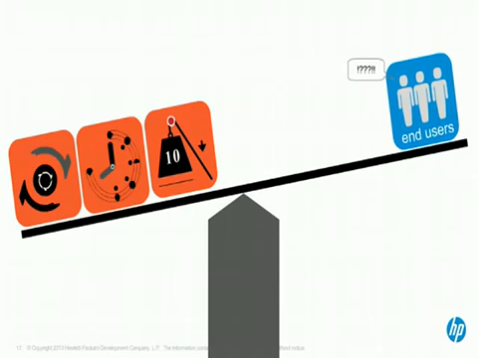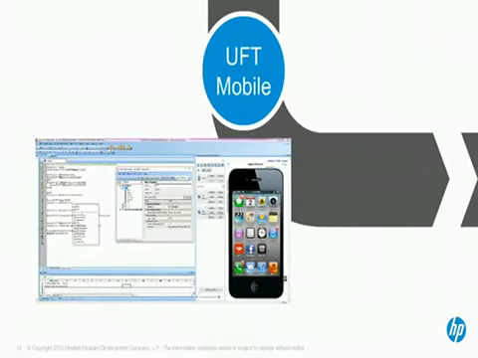So next slide, please. UFT Mobile. Many of you are probably familiar with HP UFT. HP UFT Mobile here is the most complete solution for cross-platform automated testing. It's a native mobile testing extension to UFT. It allows our customers to use the tool they've been knowing and using for ages.